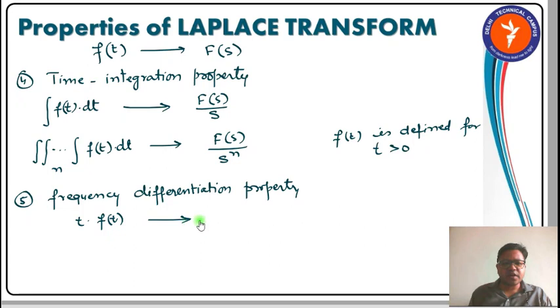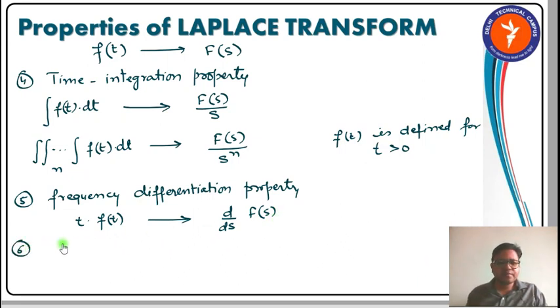Then its Laplace transform will be the frequency derivative of the Laplace transform of f of t, which is F(s) here. So if a function is multiplied with time in the time domain, then its Laplace transform will be the differentiation with respect to s of the Laplace transform of the function.